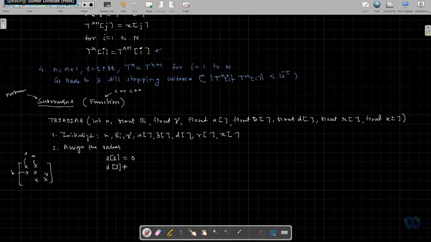So D1, what is your D1? You say 1. Then what is your B1? You give all the values of the elements. Okay, so assign the values of the elements of matrix. By this, what does it mean? You should know what matrix you are getting, or what are the numbers in the matrix. So it is not general in that sense.